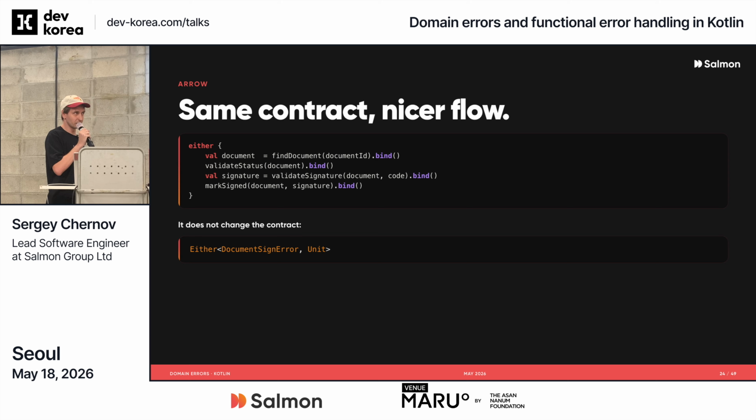So if bind is called on the left side, the execution just stops, and the Either returns the left right away. So for me, now the code looks much better, but the contract of Either doesn't change. It is the same code as how you do it without any library.